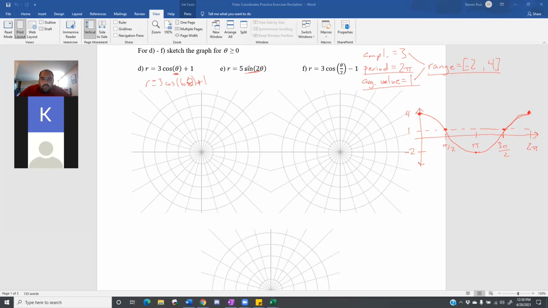And you can always create the same graph from either sine or cosine by shifting the whole thing to the left or the right. Which you do by adding or subtracting from theta. Inside the argument? Inside the argument, yep.